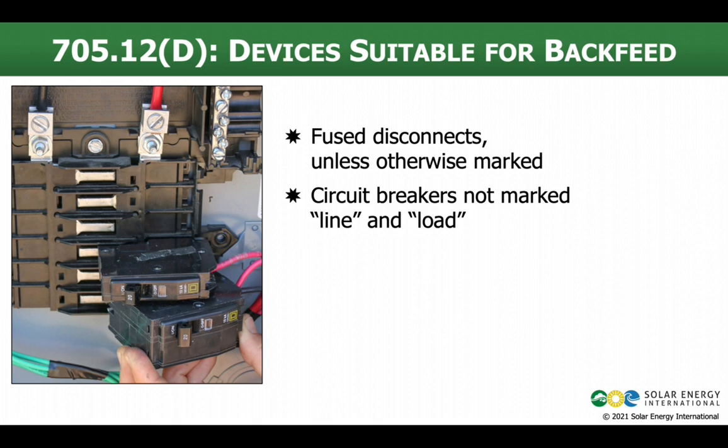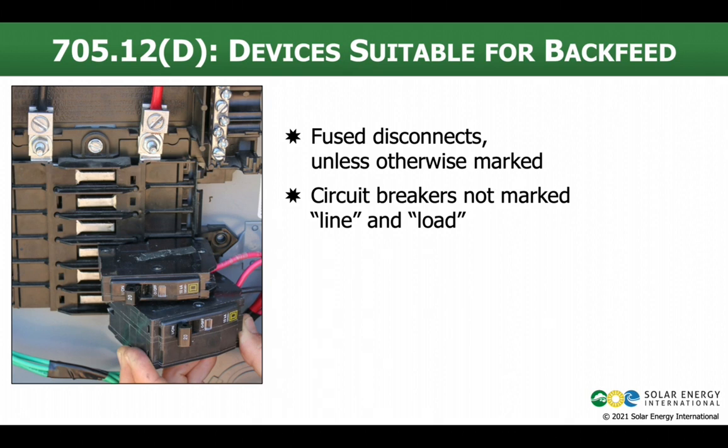But the idea here is that a breaker that is marked line and load has only been tested for current flow in one direction. If it's not marked line and load, it doesn't care which way current flows through it. If it is, it may not operate correctly when current goes the opposite direction when we backfeed it. So, circuit breakers not marked line and load, okay.